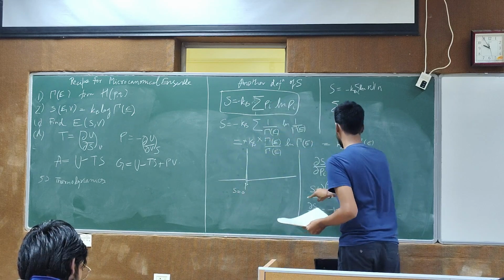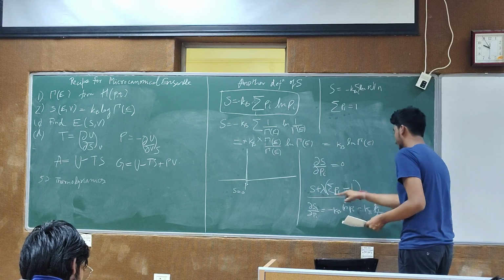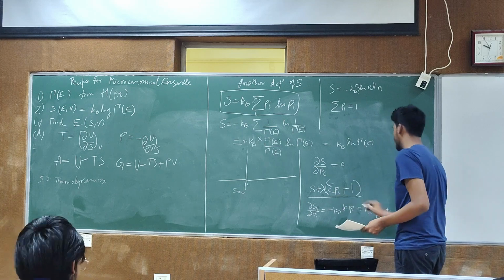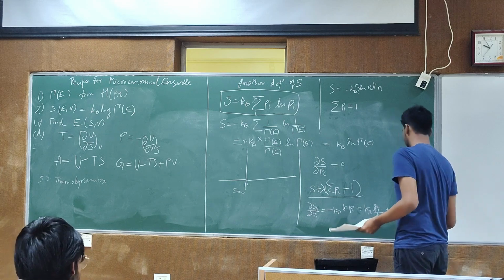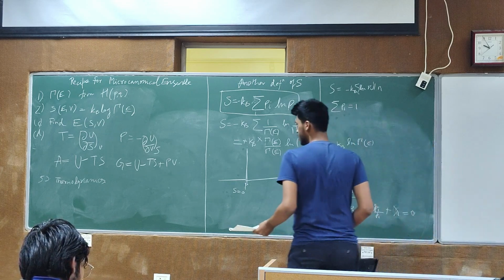Let's call the whole thing S_lambda, and the derivative of this with respect to p_i is set equal to 0.